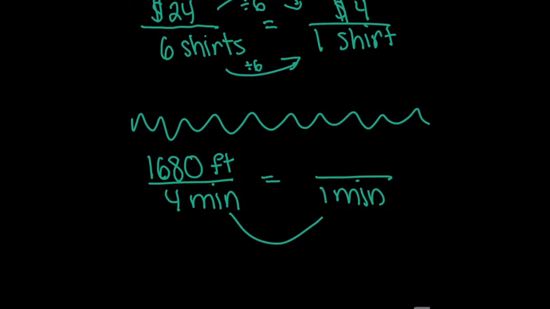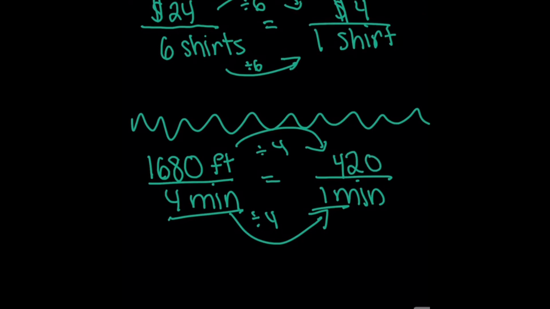I start off by dividing my denominator. How can I get from 4 to 1? I can get it by dividing by 4. Again, whatever I do to the denominator, I must do to the numerator. When I do that, I get 420.